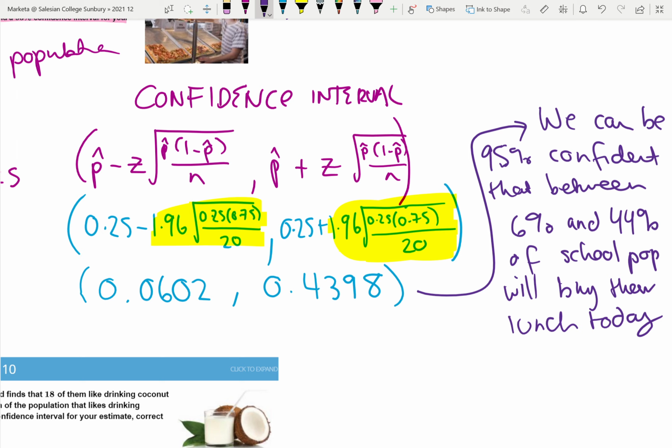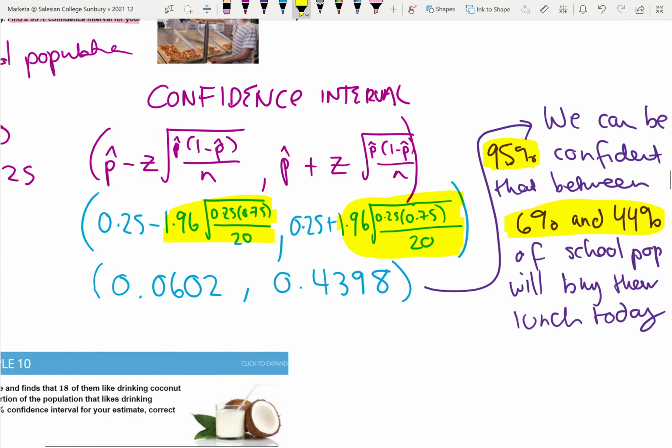If we were to use a lower confidence level, say 70% confident, then this range of values would be smaller. So you could be less confident with a smaller range.